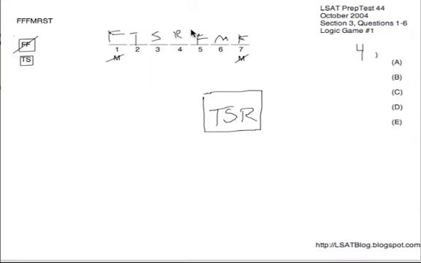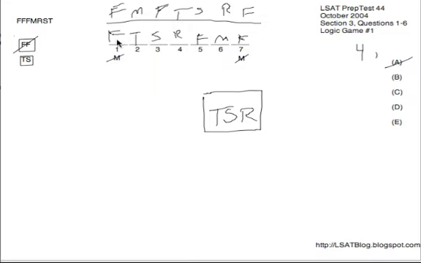Now, they're asking us what must be true. So if something did not occur in this diagram, it is not a must. Must F be on 3? We have S on 3, not F, so A is gone. Must R be on 4? That could occur, but we could also make a diagram with TSR on 4, 5, 6, F on 7, F on 3, F on 1. These diagrams are essentially the mirror images of each other, meaning it's flippable.